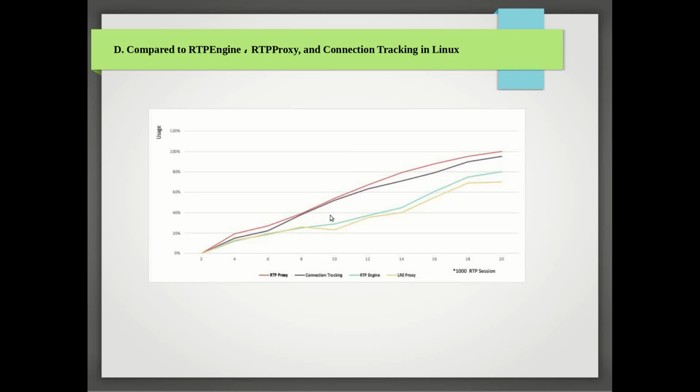Connection tracking has good performance at low capacity, but shows negative performance at high capacity. RTPEngine has the ability to forward packets at the third layer in the local hooking section of the network, but has lower performance compared to LREProxy.